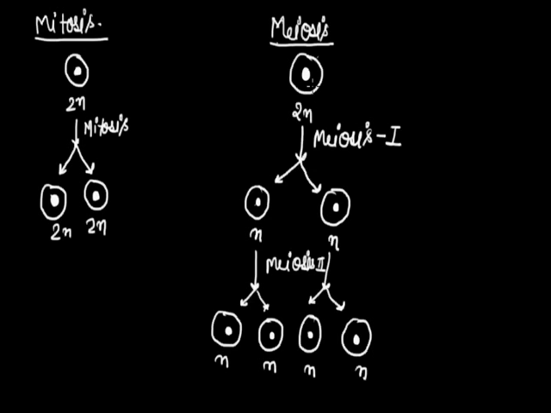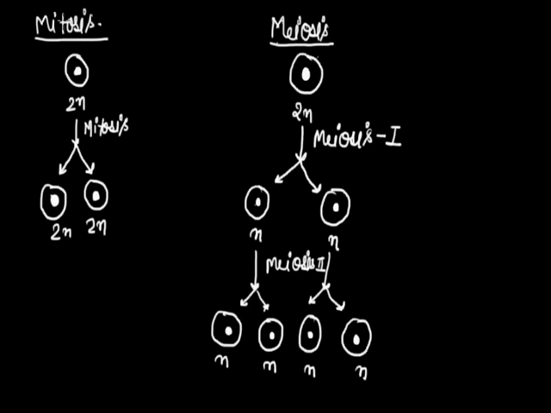The mother cell will divide and form two daughter cells that get a haploid set of chromosomes compared to the mother one, and later on these daughter cells further divide and form four haploid cells. After mitosis you will get two daughter cells, while after meiosis you will get four daughter cells.